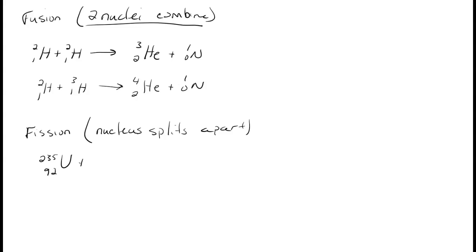And in this case, when we have fission, something happens to this uranium to make it want to split apart. Usually it is that it is bombarded with a very, very, very high energy, extremely fast moving neutron. That neutron hits that uranium and poof, splits it apart, releases a ton of energy. The first one, we're going to have strontium and xenon.